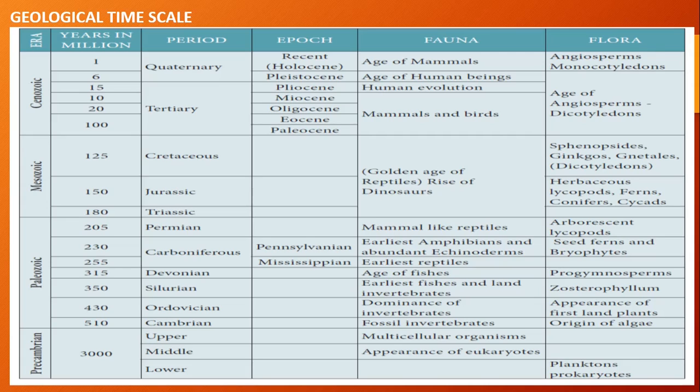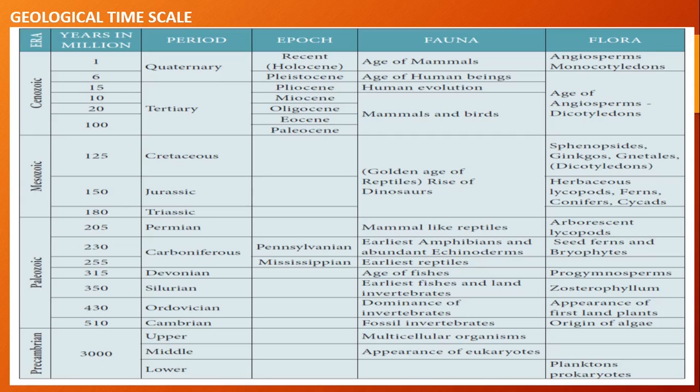Epoch is nothing but some of the organisms are present in this area, so that is called epoch. So normally each and every species originated and dominated in a particular era. So that is called geological time scale.